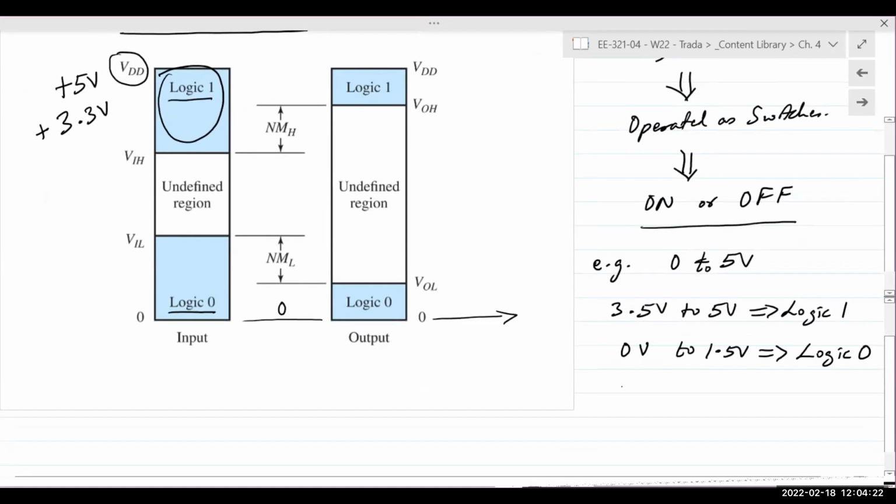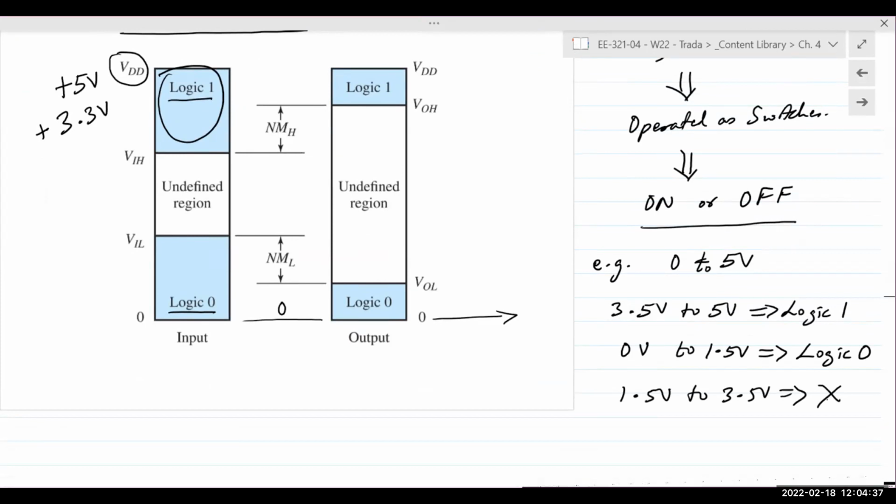Anything else in between would be undefined. So 1.5 volts to 3.5 volts would be undefined. Okay, undefined region. So if your circuit is functioning and your digital signal is supposed to output 5 volts, let's say there's a noise signal coming in and your 5 volts drops to 4.5 because of the noise.